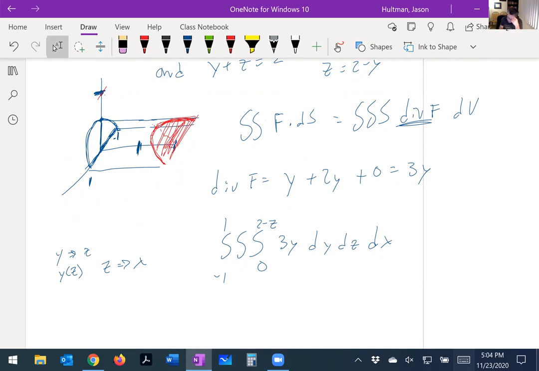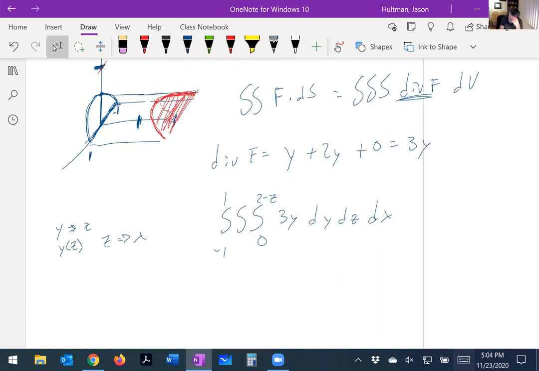I probably could have done this in terms of x and y, but that's okay. It's just because this thing is going off in the y direction, which makes it a little bit more complicated. But again, if we think of this in terms of x and z, this is 1 minus x squared.